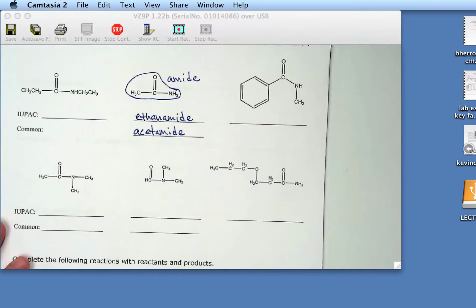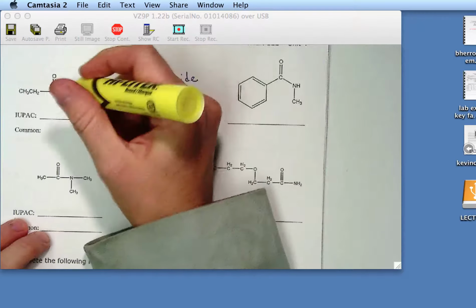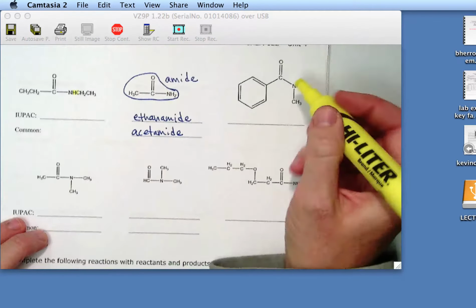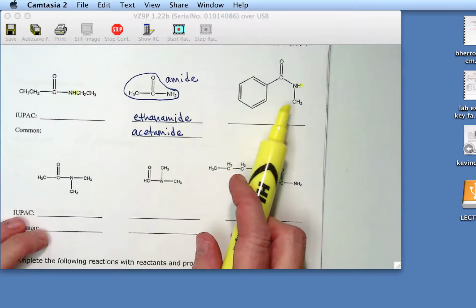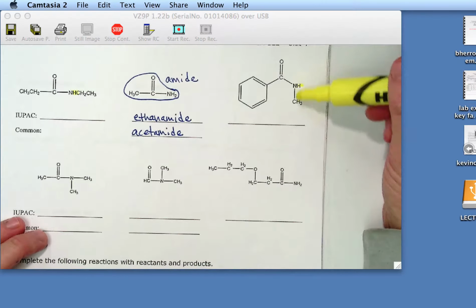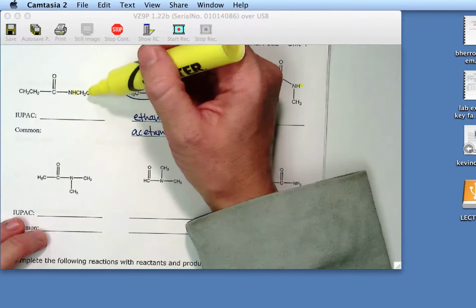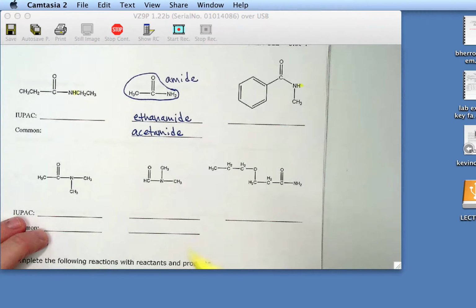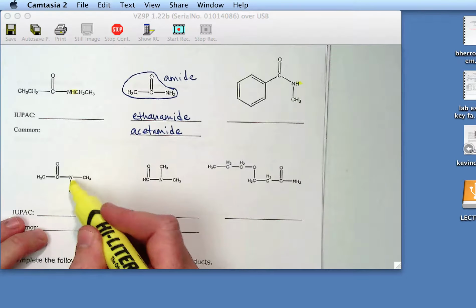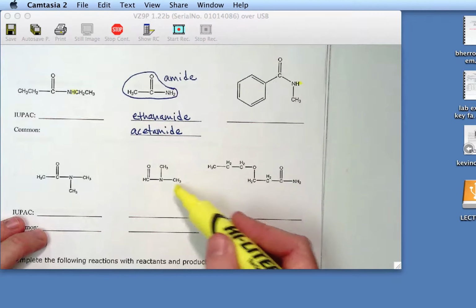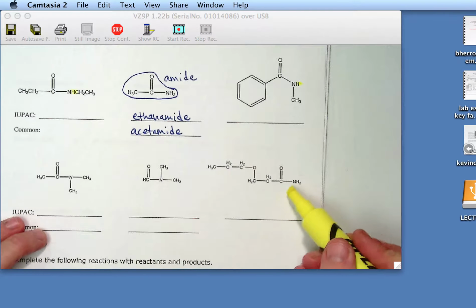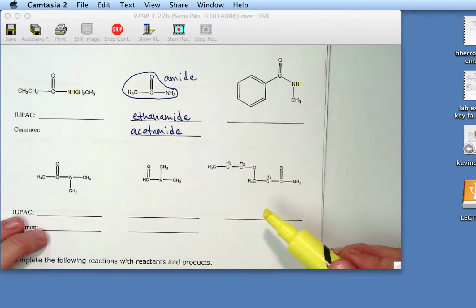These amides, they have an H right here, H right here. So that is going to have one substituent. So it's going to be N-methyl, N-ethyl. These don't have any H's, so it's just N,N-dimethyl, N,N-dimethyl. And this one is just unsubstituted.